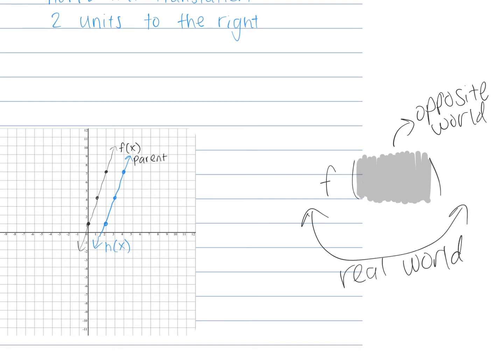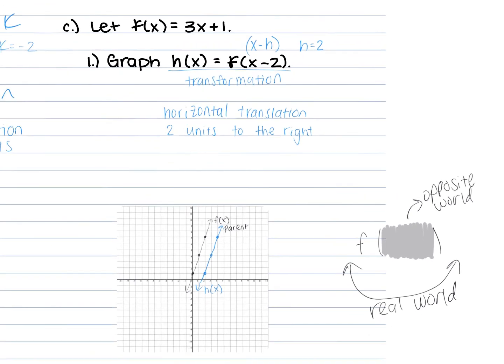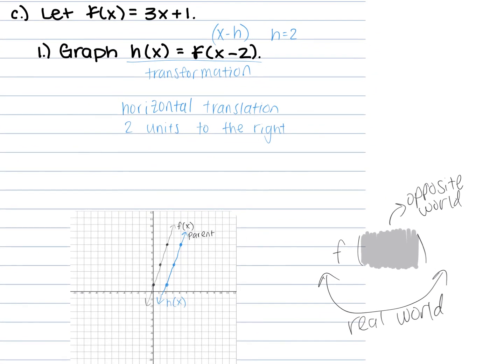Anything that happens in opposite world is going to be opposite whatever you thought would occur. So if we're subtracting 2, like we did in this one, normally you would think we're moving 2 to the left, since it has to be horizontal. In opposite world, you actually end up moving 2 to the right because the formula is x minus h.